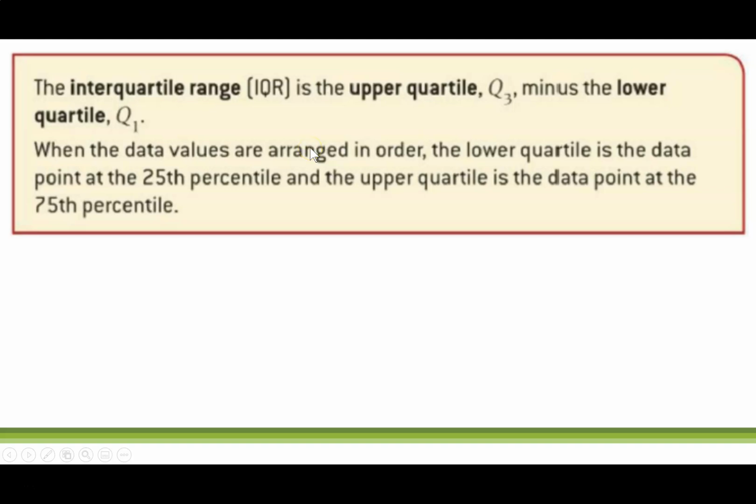Now, since the quartiles divide the data into quarters, the lower quartile is the measure of where the first 25% is, and the upper quartile is the boundary for where the final quarter begins. So in between those two must reside 50% of the data. If you think about it, if you take off the top quarter and take off the bottom quarter, you've got half the data left in the middle.